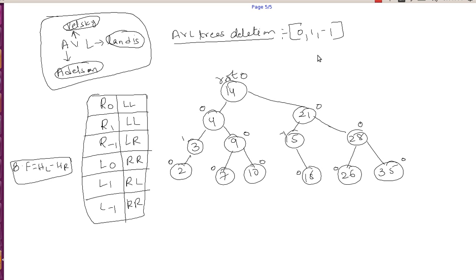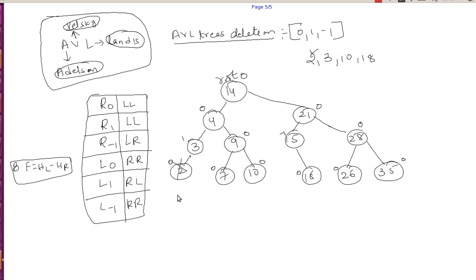So let us assume you want to delete the following elements. First, let us assume you want to delete element 2 from this tree. After deletion of each and every node, you have to recalculate the balancing factors of every node. So you want to delete 2.